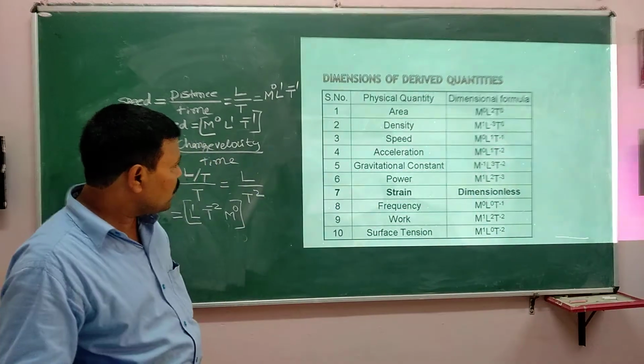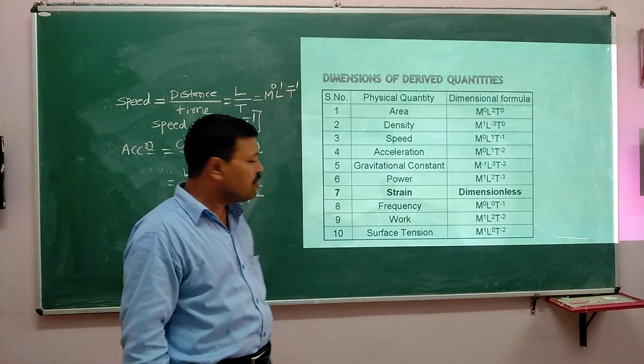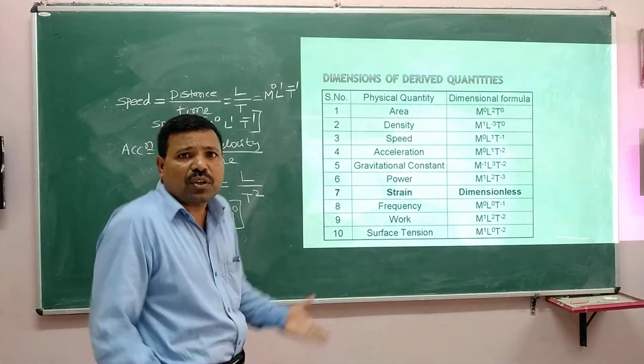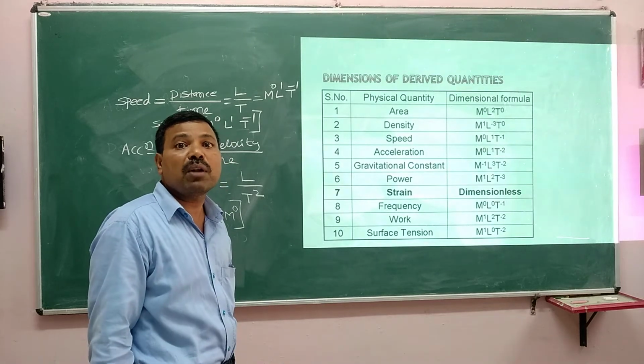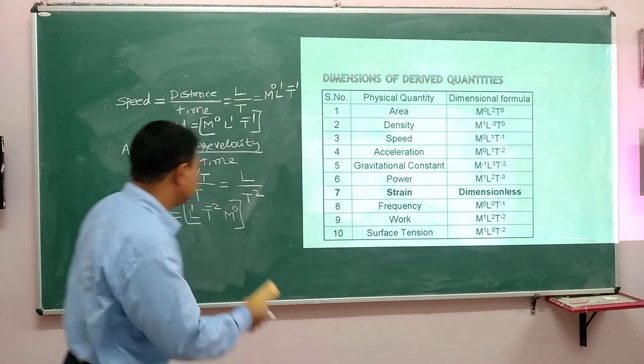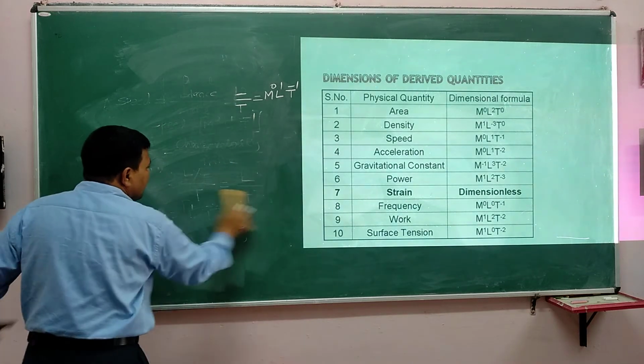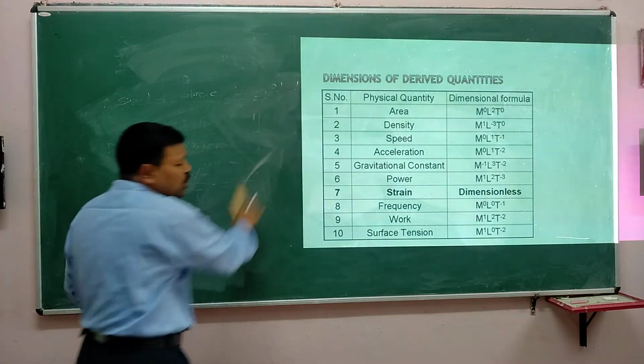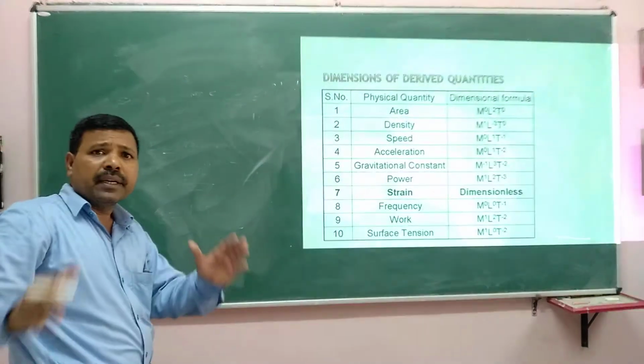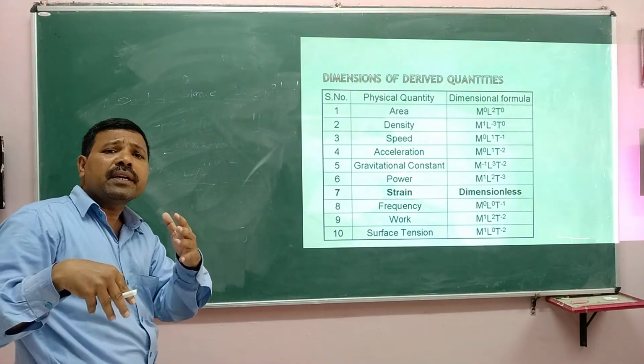Now let us look into the dimensional formula of gravitational constant. How do we write the dimensional formula of gravitational constant? This dimensional formula can be expressed by the definition or by the formula.